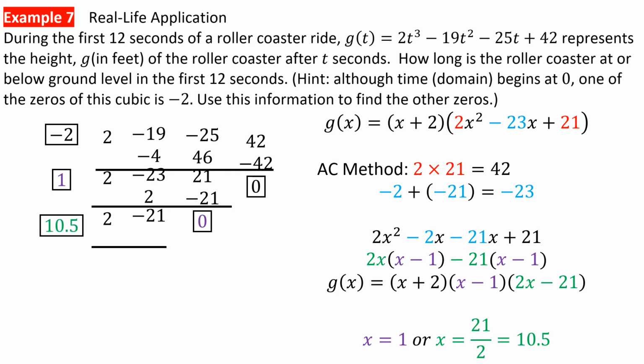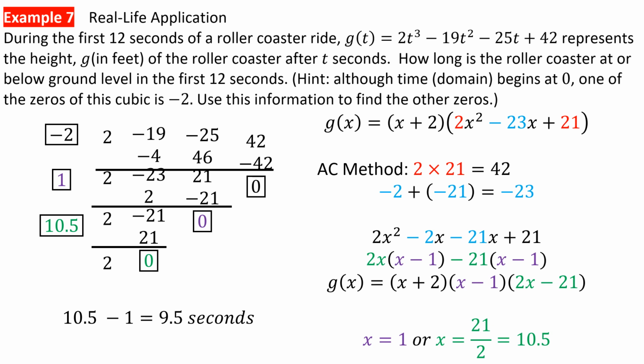And why not even go that last step, 10.5, if we bring down the 2 and multiply, 10.5 times 2 is 21, and therefore we get a 0 remainder. So therefore, we have zeros at 1 second and 10.5 seconds.